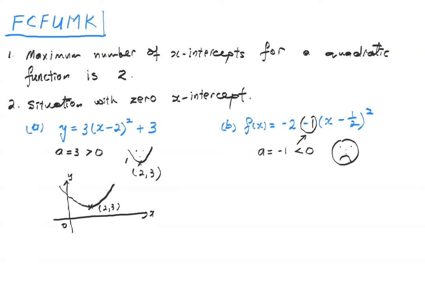So there is a maximum point. The maximum point for this case is (1/2, -2). So the maximum value of y is -2. That means the rest will be less than -2. So the whole graph will be below the x-axis, so it doesn't cut the x-axis. Am I right?